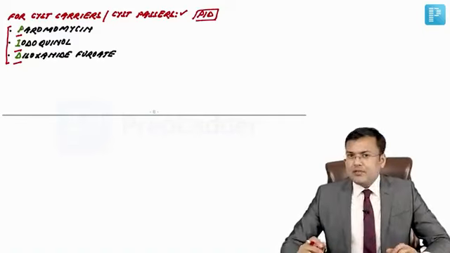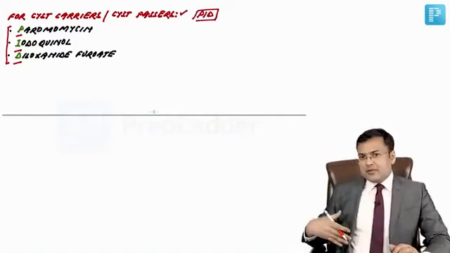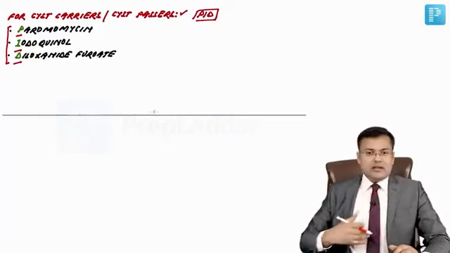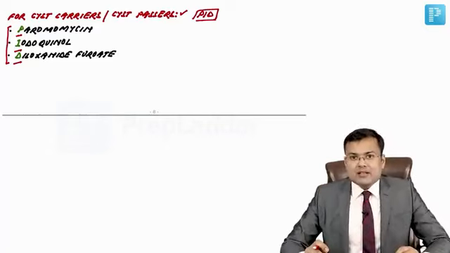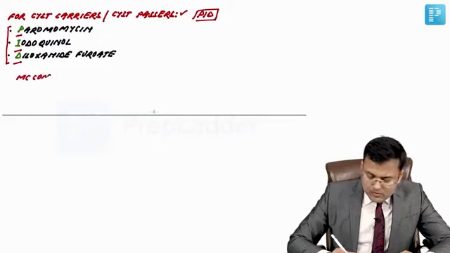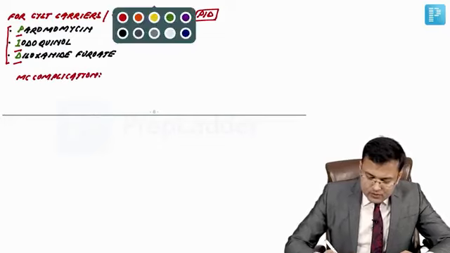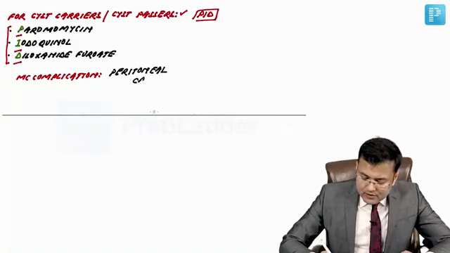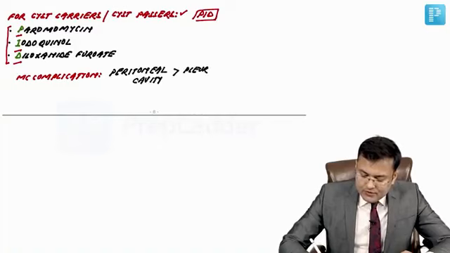What are the complications of amoebic liver abscess? It can rupture into the peritoneal cavity, the pleural cavity, and the pericardial cavity. Clear? The most common complication is rupture into the peritoneal cavity, followed by the pleural cavity, followed by the pericardial cavity.